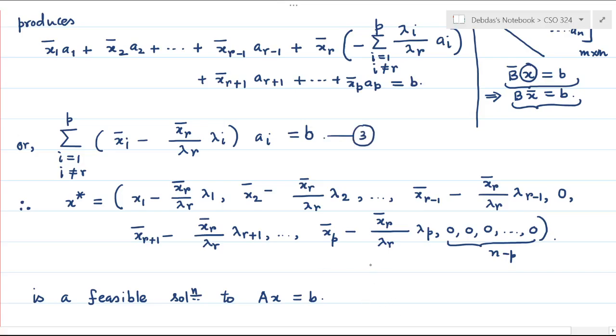Because of 3 we notice that this x star is satisfying A x star equal to b.